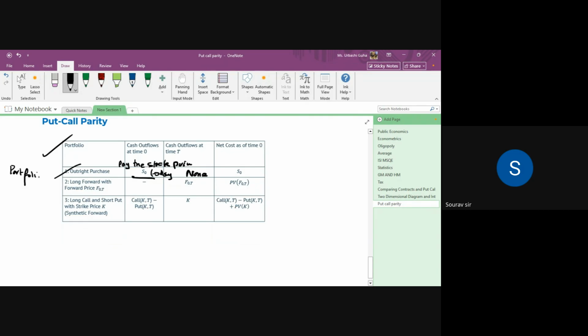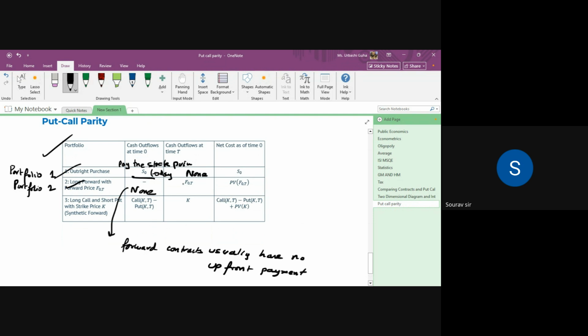If I talk about portfolio 2, long forward with forward price: first it is none, because forward contracts usually have no upfront payment.